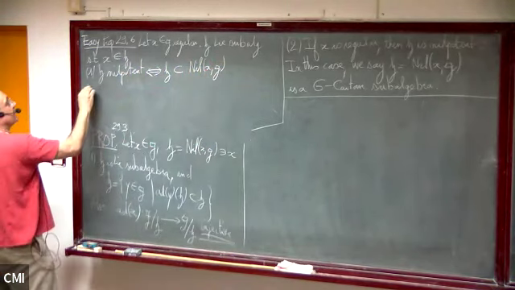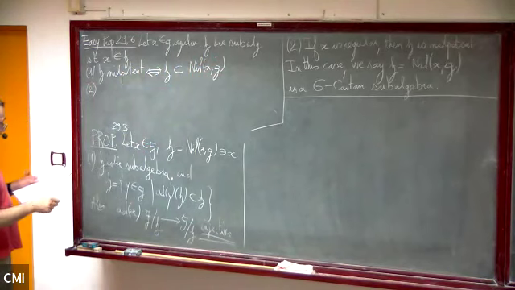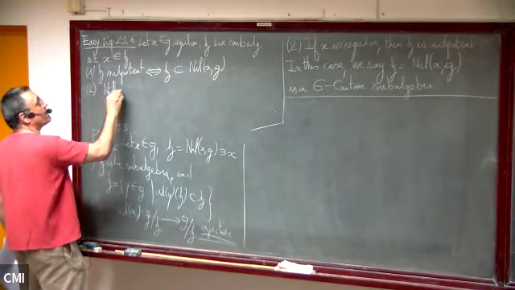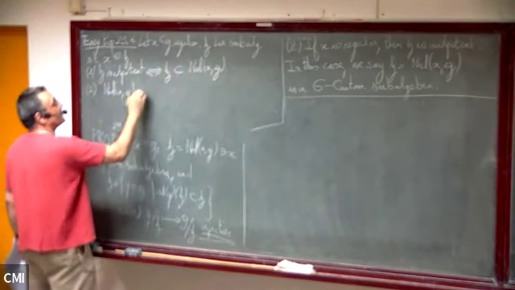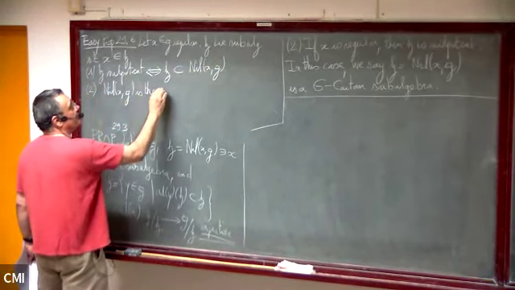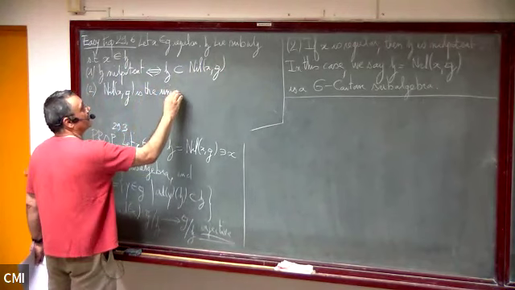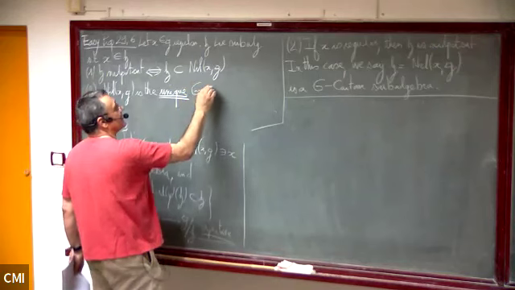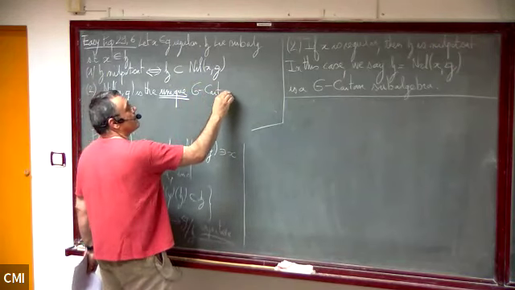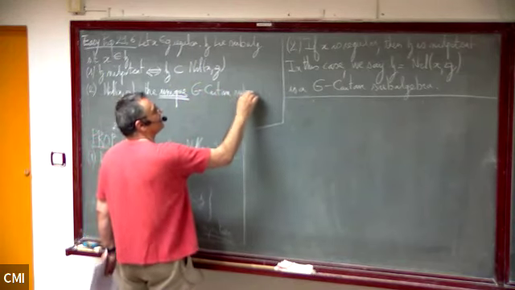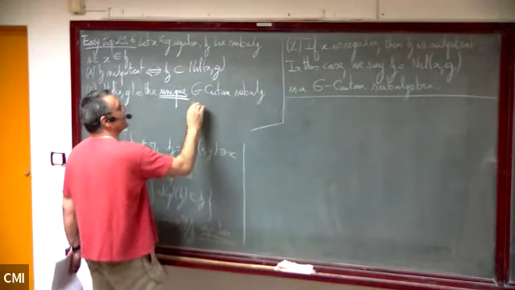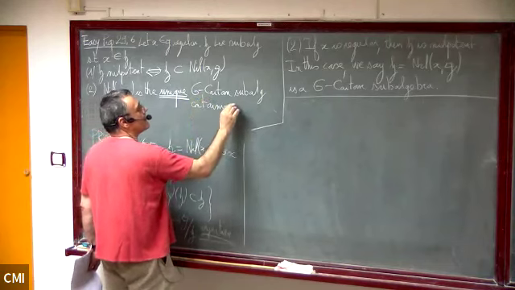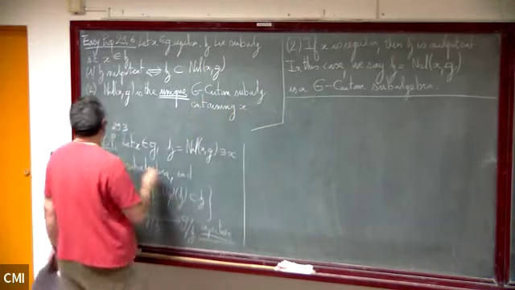And secondly, the nil space is the unique G-Cartan subalgebra containing X.